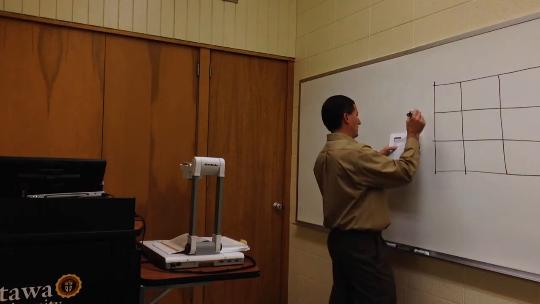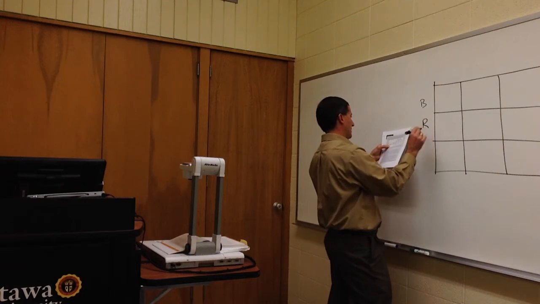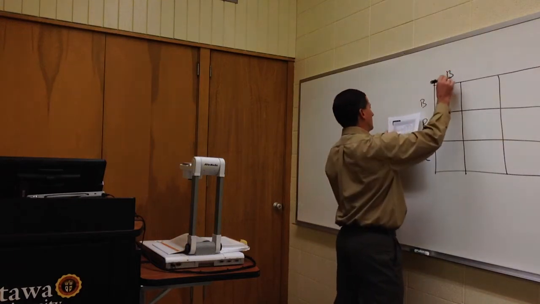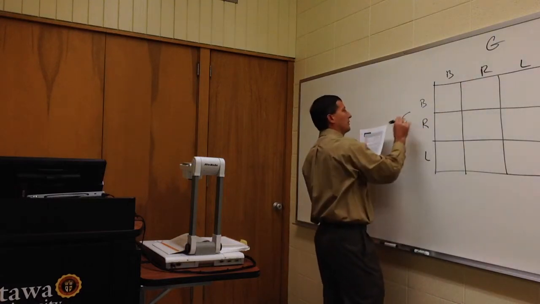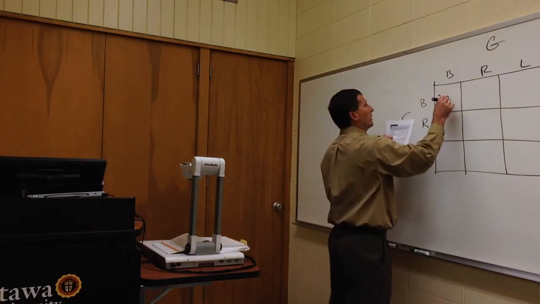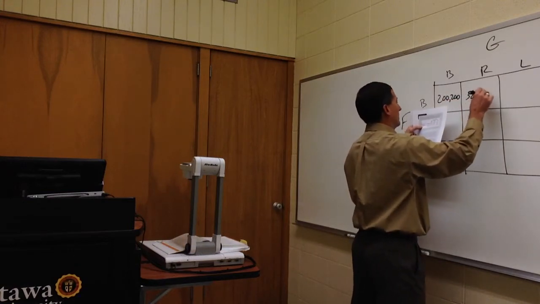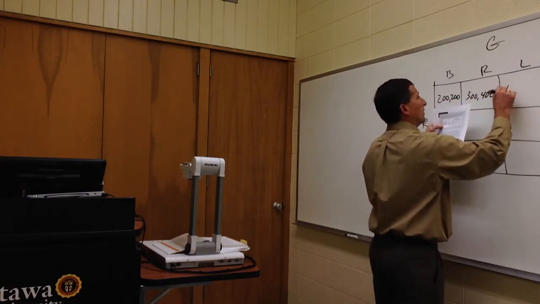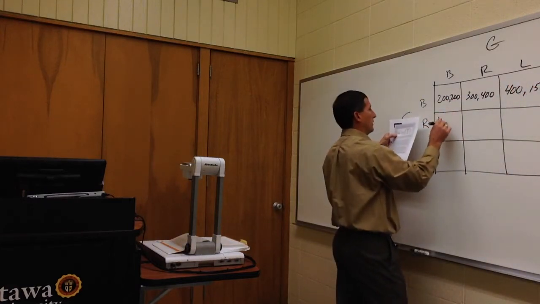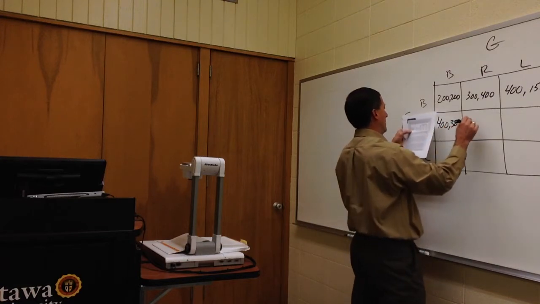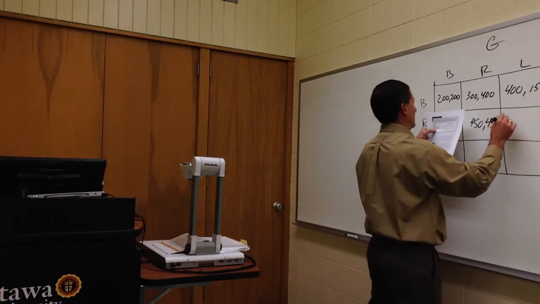Okay, so build, remodel, leave. Build, remodel, leave. Grocery Mart, Food For You: 200, 200, 300, 400, 400, 150, 400, 300, 450, 50. A little different.